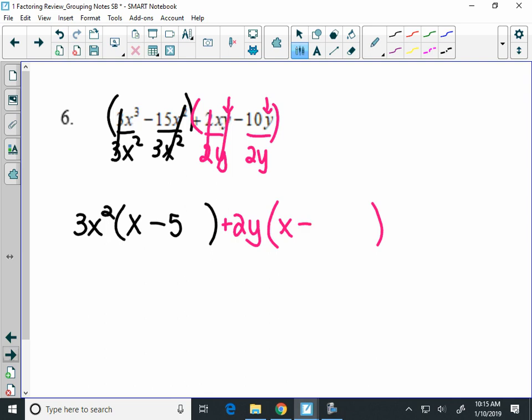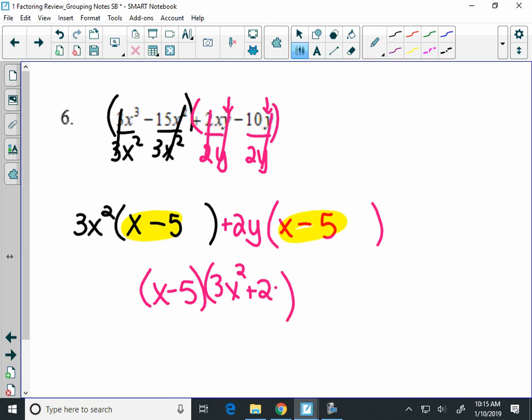Negative 10 divided by 2 is negative 5, and these y's cancel. So again, we know it's good because x minus 5 is in both. So my final answer has an x minus 5, and then these GCFs, 3x squared plus 2y. That'll be your final answer.